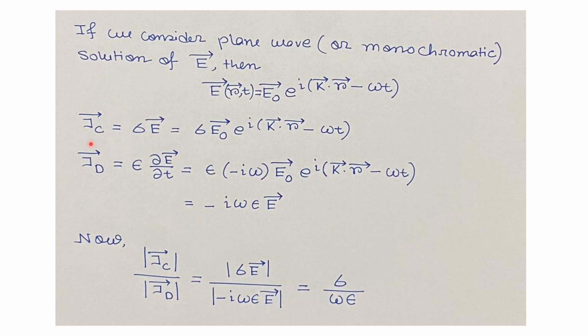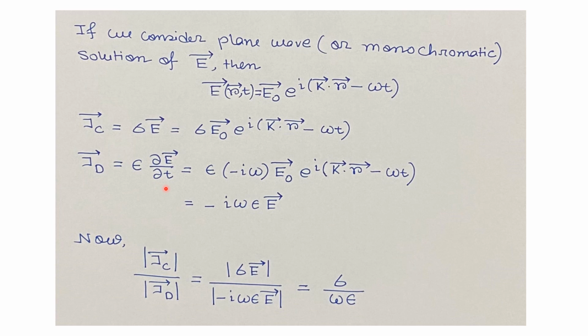Now the conduction current density Jc is given by sigma times E vector. Now we'll put this E vector expression in this equation. So we'll get Jc vector equals sigma times E naught vector times exponential of i times (k dot r minus omega t). And the displacement current density vector will be given by epsilon times del E by del t.